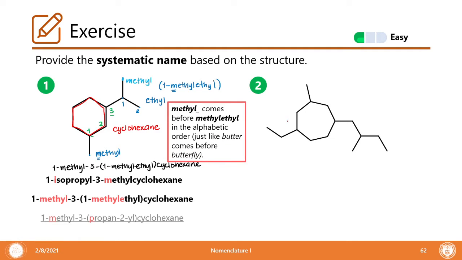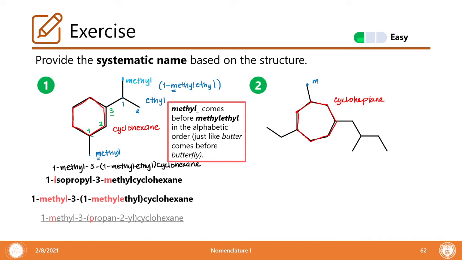Let's try the next one. We have 1, 2, 3, 4, 5, 6, 7. So we have a cycloheptane. Let's look at each substituent.